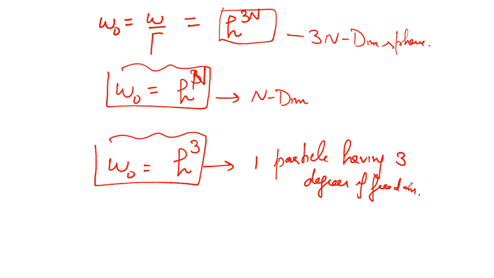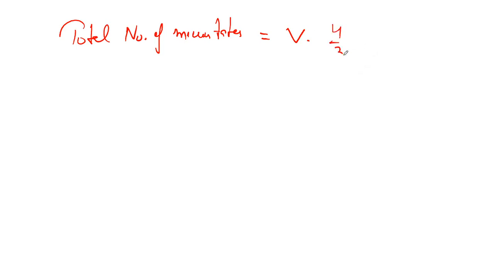So the total number of microstates, which we have derived, is equal to volume into 4 by 3 pi p cube. So p, if it is within this energy limit, p less than capital P, for a free particle, this is for a single particle.